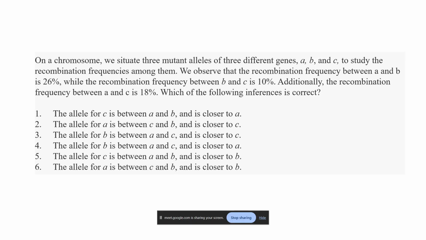2 more minutes left. Try to make the figure, because that will only help you to solve this question.